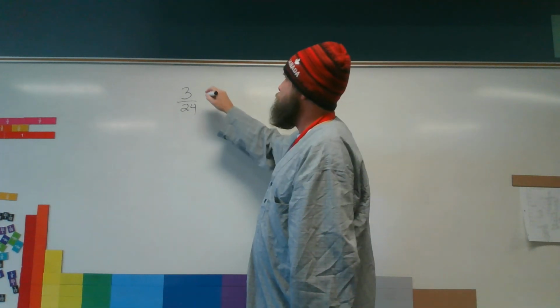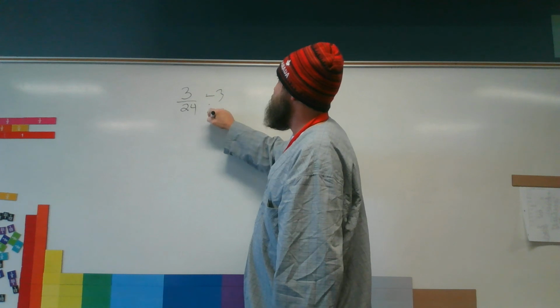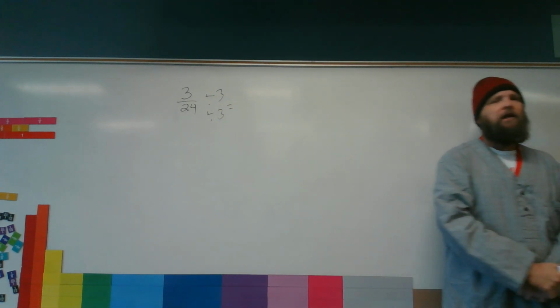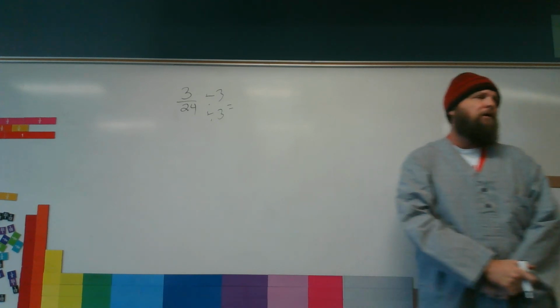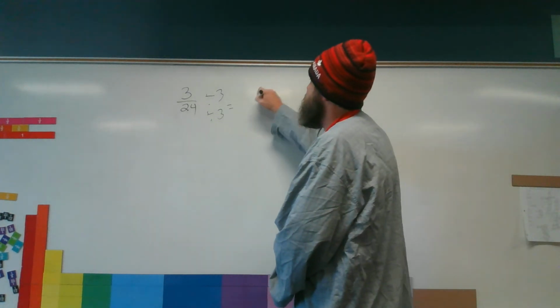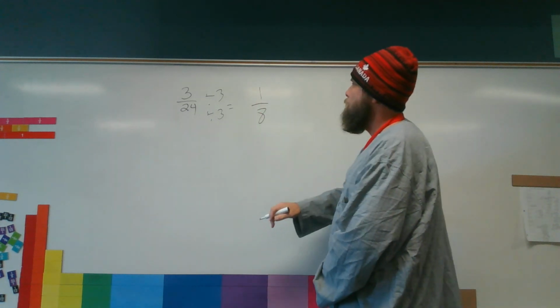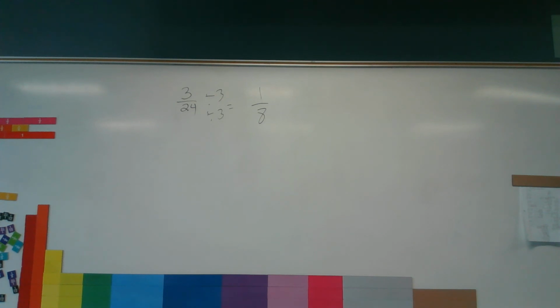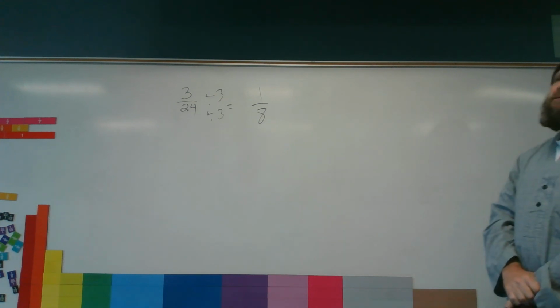So if 3 goes into 24, then the greatest common factor is going to be 3. So if my numerator goes evenly into my denominator, then my greatest common factor will be whatever my numerator is. Is that right? Yeah. So that's another way you can look at it.